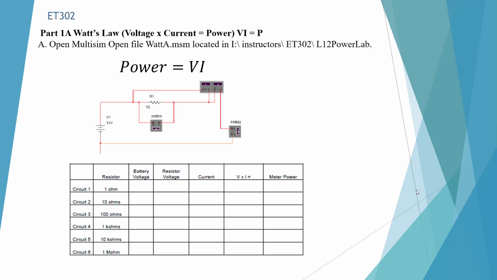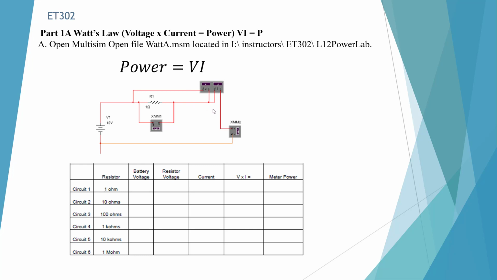Here we are at part 1A of our Watt's Law Lab, and what we have is a circuit. We have a 10-volt battery, a 1-ohm resistor, and a voltmeter, which is going to measure our voltage across our resistor. And we have an inline ammeter, which is going to measure our current.